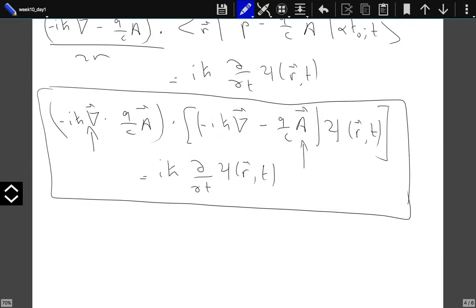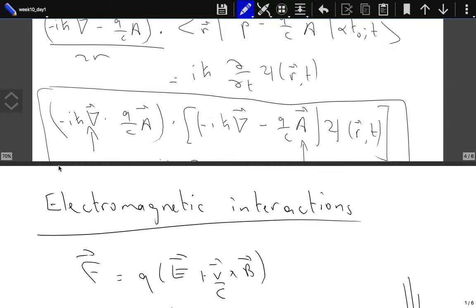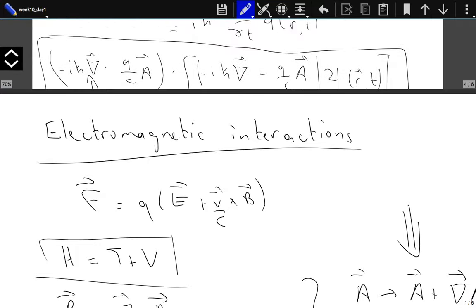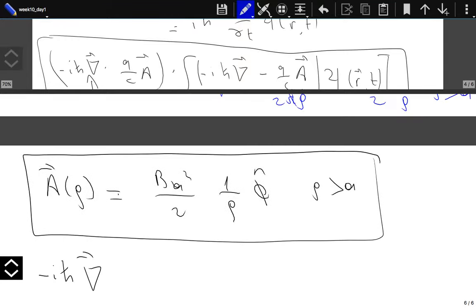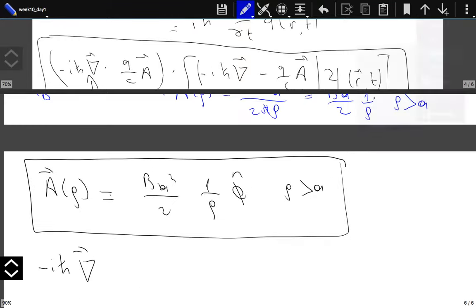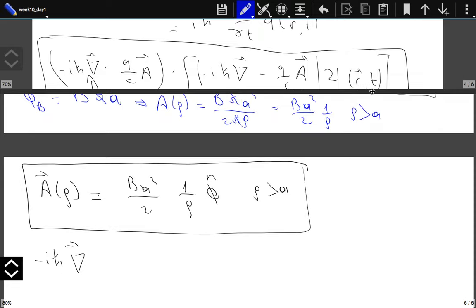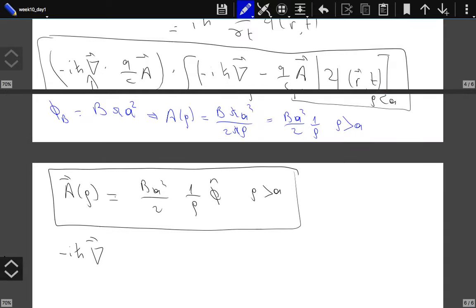You see, here I have my expression, minus q over c A. Now I know what A is in cylindrical coordinates.